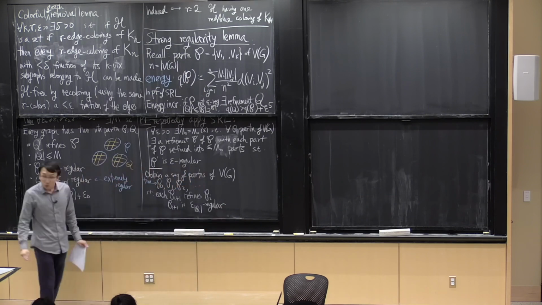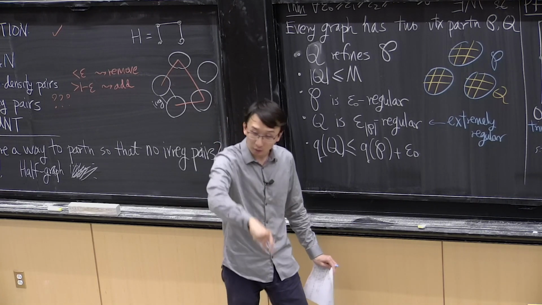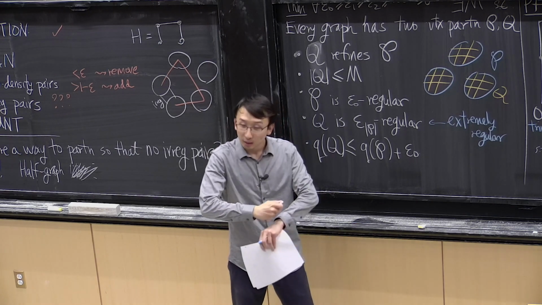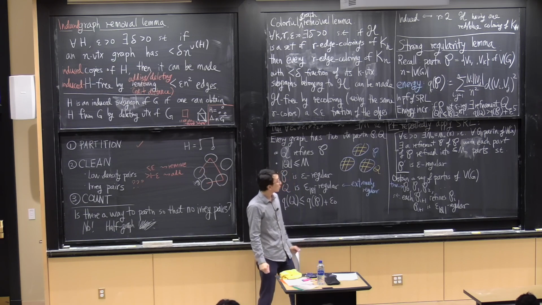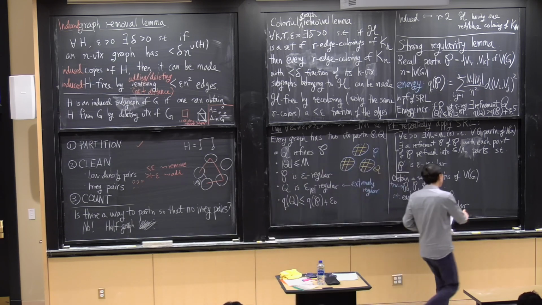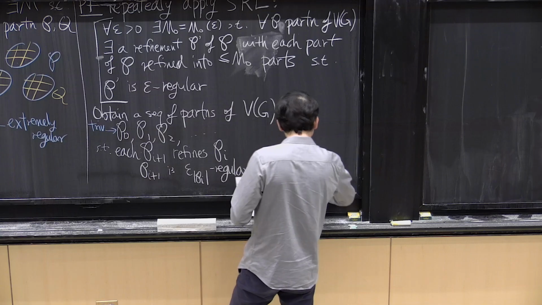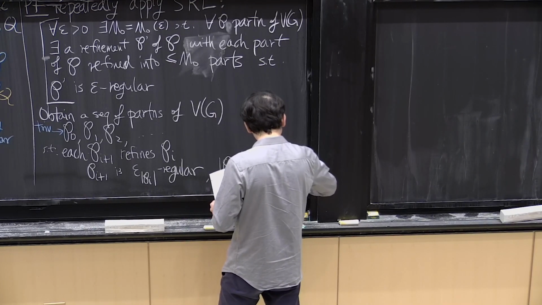So you apply the regularity lemma with a parameter based on the number of parts you currently have. Applied to the current partition, you get a finer partition that's extremely regular. And you also know that the number of parts of the new partition is bounded in terms of the previous partition.